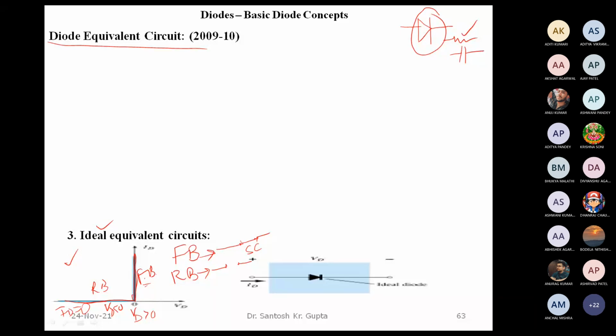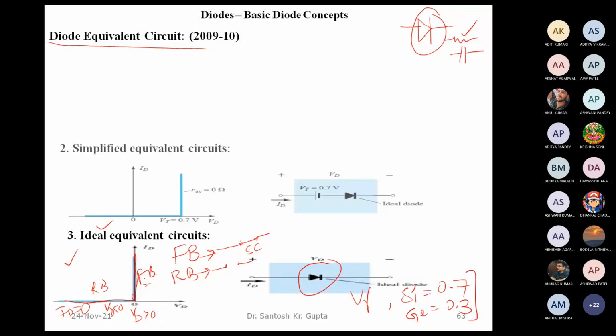So here we assume the diode as if it is ideal, and the built-in potential, V gamma, which we have seen is around 0.7 volt for silicon and 0.3 volt for germanium, we assume that this is not present in this assumption.